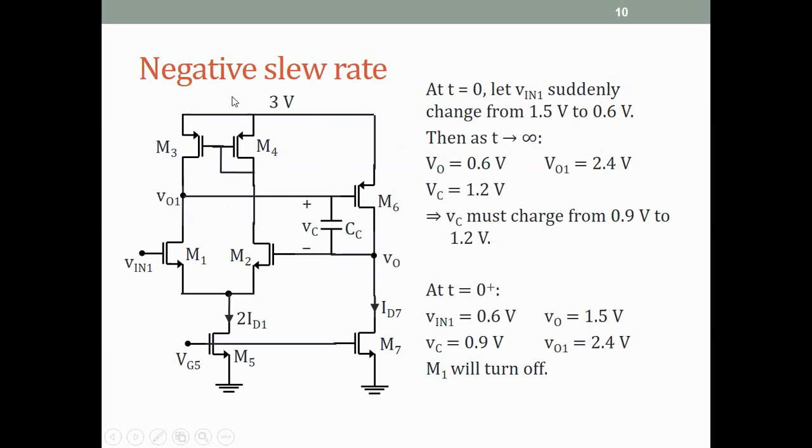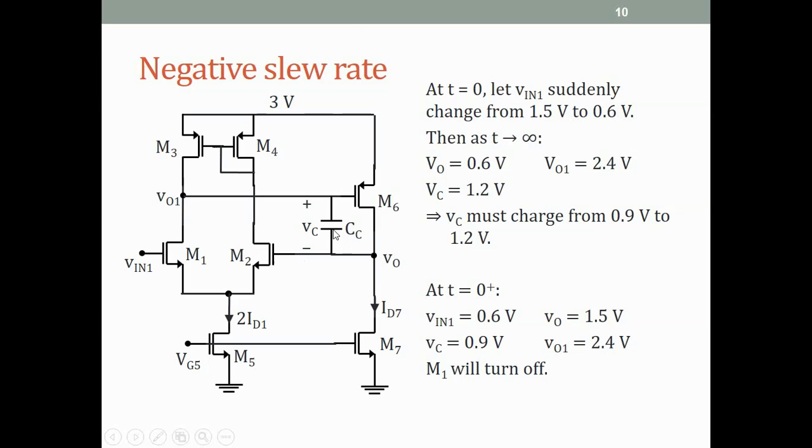Alright, let us look at the negative slew rate. So now we say let at t equal to 0, V in 1 suddenly change from 1.5 volts to 0.6 volts. The reason I'm making it 0.6 and not 0 is we still want the circuit to continue to work as a unity gain amplifier, which means that all transistors must stay in saturation even after switching occurs.